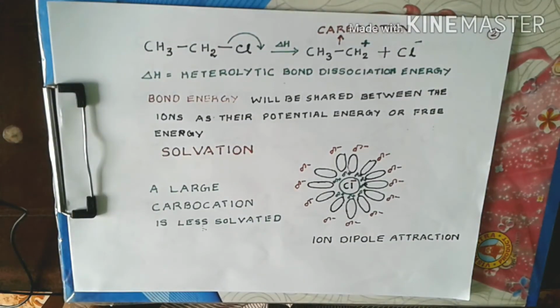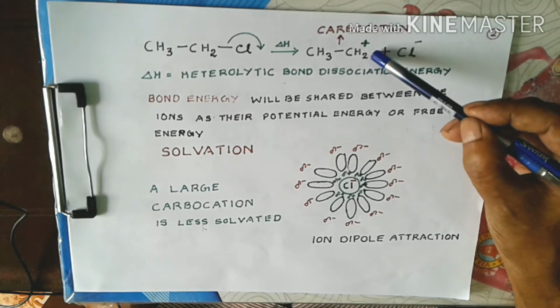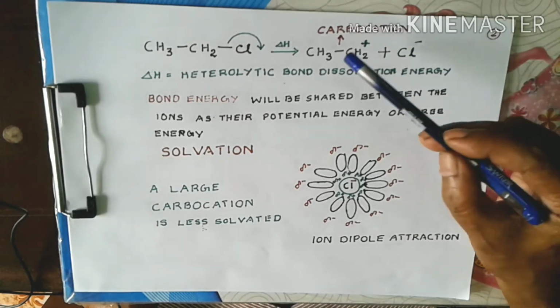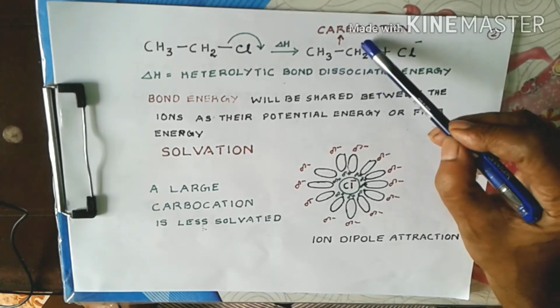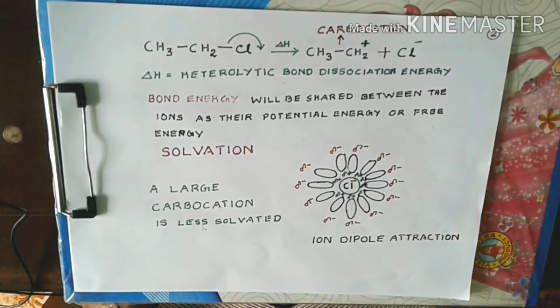Now when we supply the heterolytic bond dissociation energy for a C-Cl bond, the molecule ethyl chloride can dissociate into CH3CH2 positive and Cl negative. CH3CH2 positive is called a carbocation. Now it is found that the bond energy supplied will be taken up by the fragments formed.